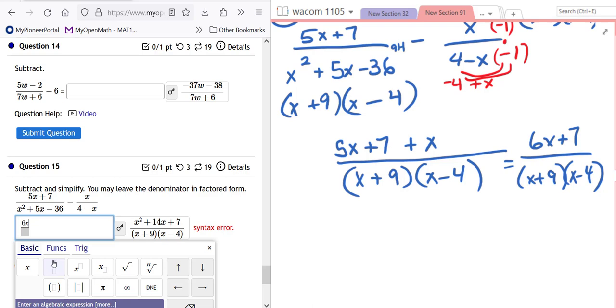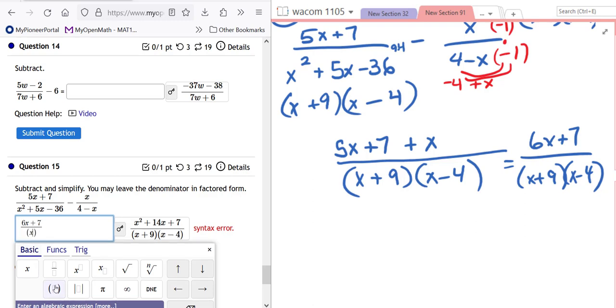All right, so 6x plus 7 over parentheses x plus 9 parentheses x minus 4.